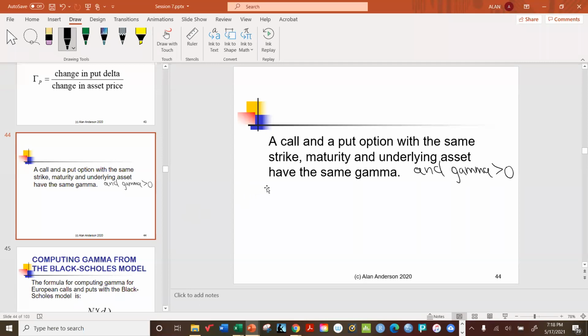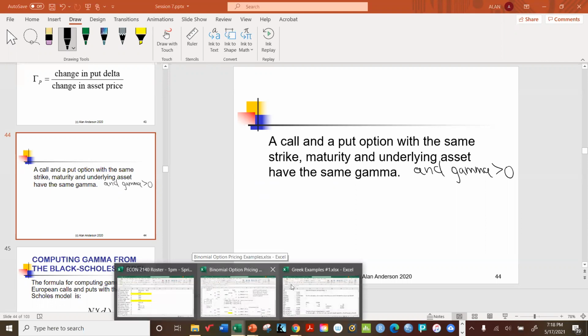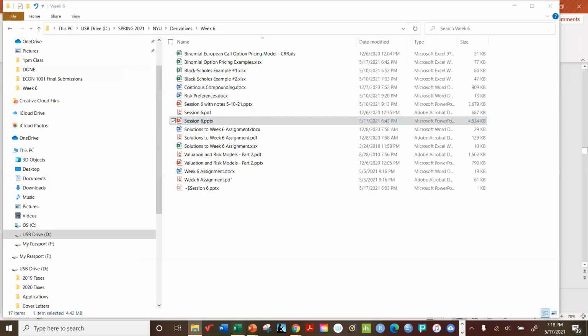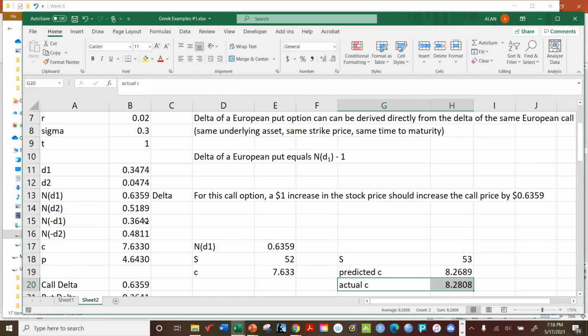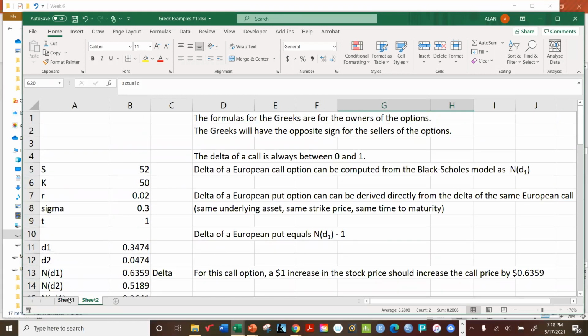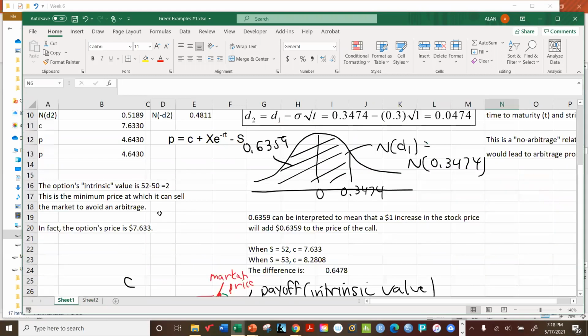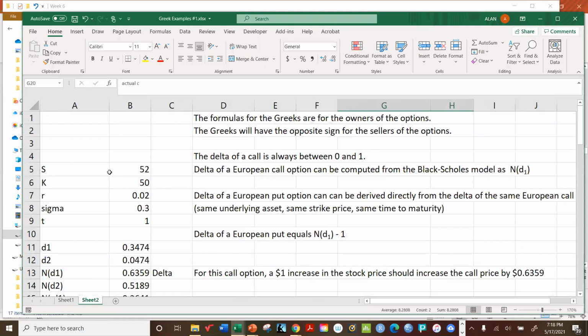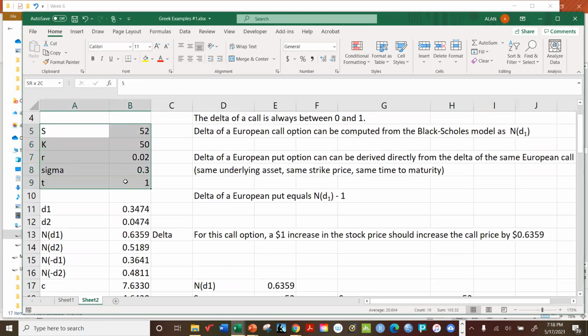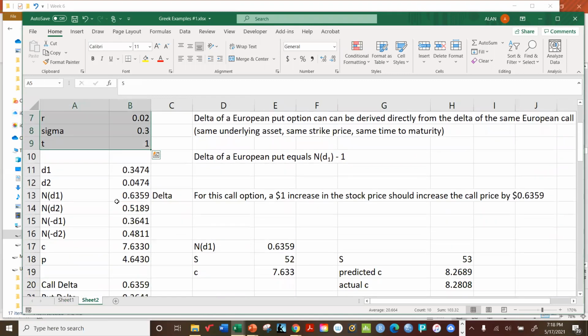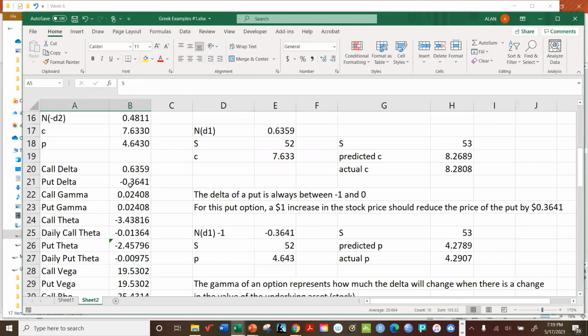Okay, now just like with the delta, there's a formula for this. We don't need to overdo it with the formulas, but if you look in the spreadsheet for this week, in sheet 2, I've got this example we had when we were doing Black-Scholes, and down here on the side, I've gone through and calculated all of the Greeks for the call and the put based on the slides.